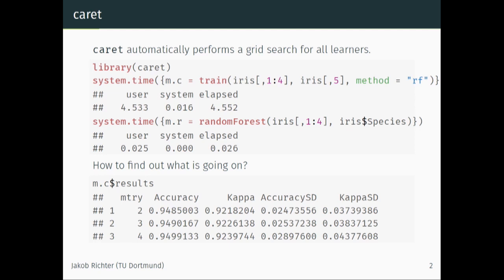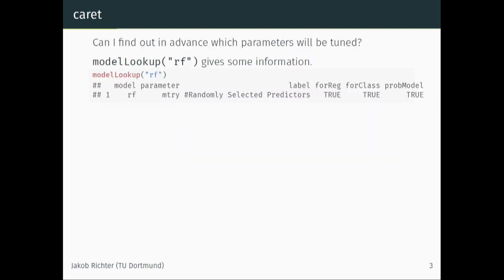It's useful in a way for beginner users who are not sure which parameters to choose. You can find out what parameters will be tuned in advance by using this line here. But you notice that you don't know exactly what this parameter looks like and what values will be tried.